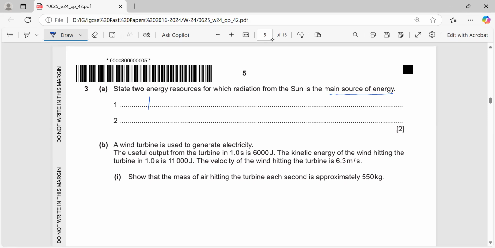So you can write fossil fuels, then hydroelectric, wind energy, waves, anything you can say, solar panels, solar cells. So let me write solar panels.